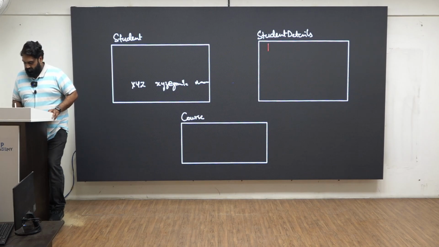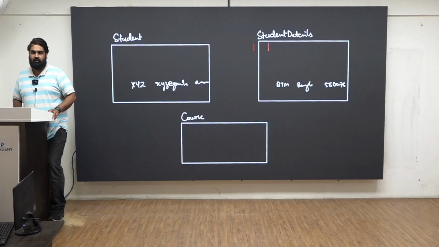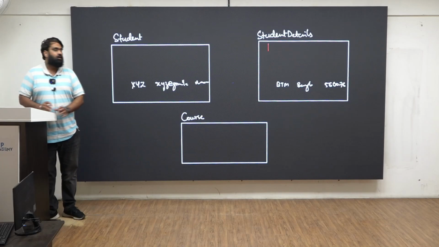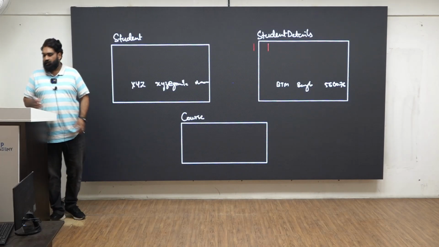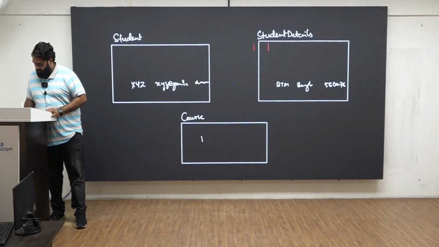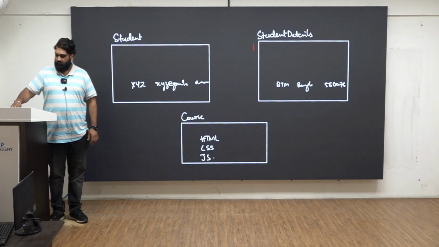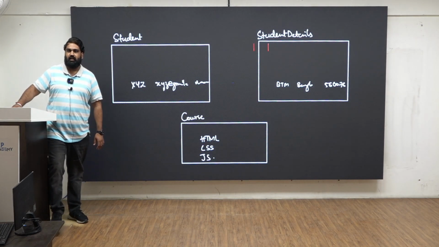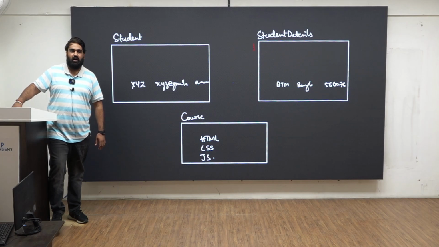Then the area I would have collected as BTM Bangalore 560076. And now for this particular student, I want to give HTML, CSS and JavaScript.